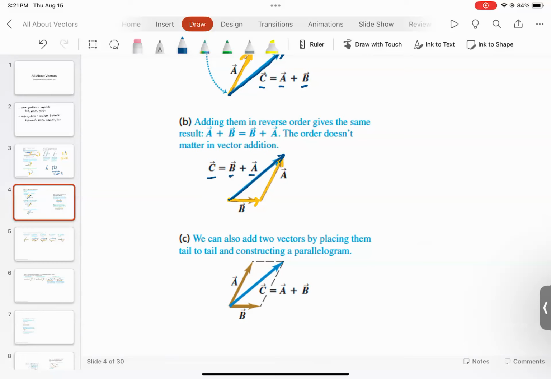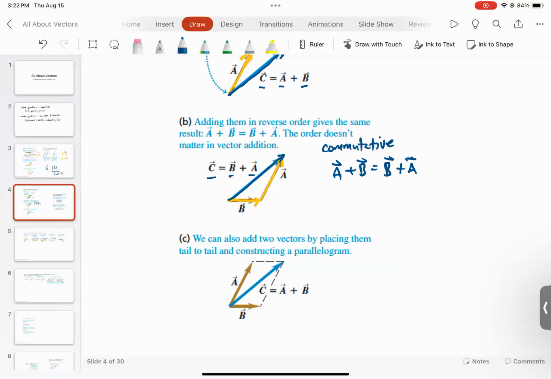Vector B plus vector A, which we now call vector C. Okay? So notice na yung adding vectors ay commutative. Okay, so A plus B is equal to B plus A. So yung order ay hindi nagmamatter.